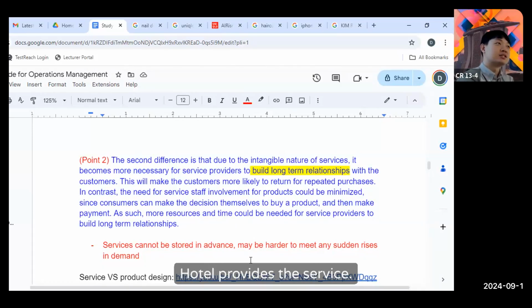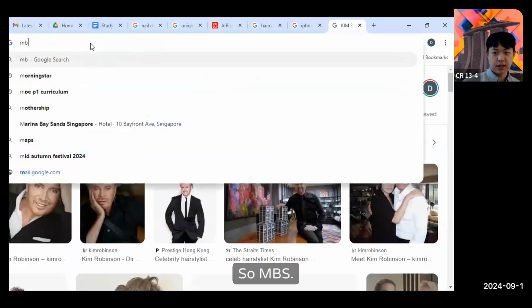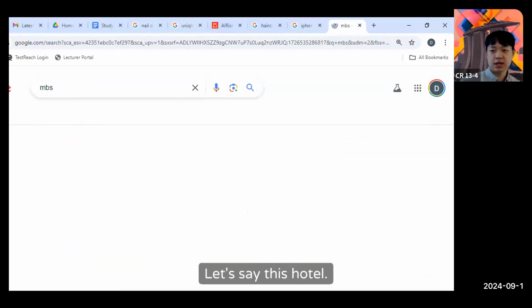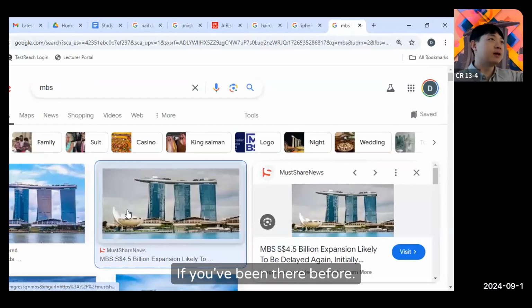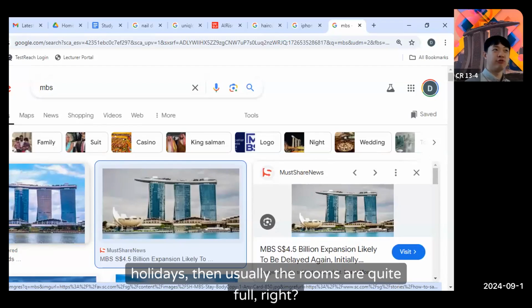Or let's say a hotel. A hotel provides a service, let's say MBS. If you're not familiar, I'll search for you. Let's say during the Christmas period in December, people like to come for holidays, and usually the rooms are quite full.